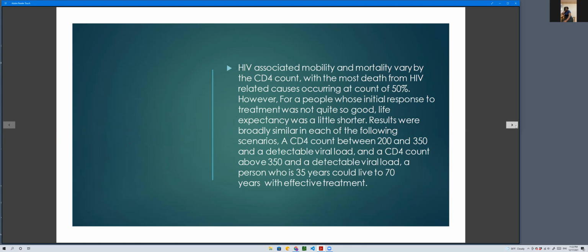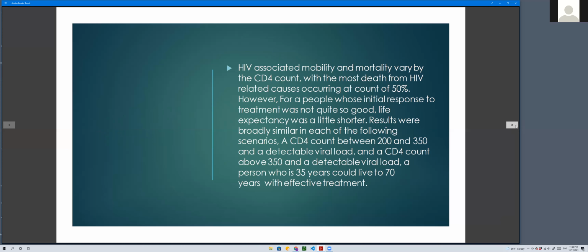However, for a person whose initial response to treatment was not quite good, life expectancy was a little shorter.